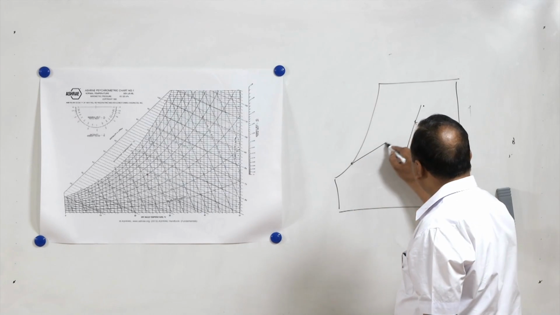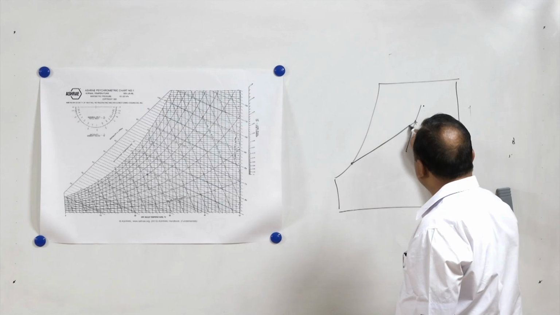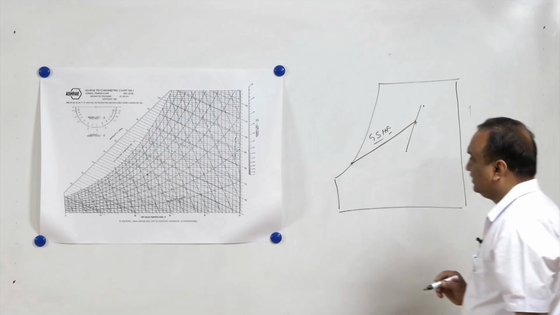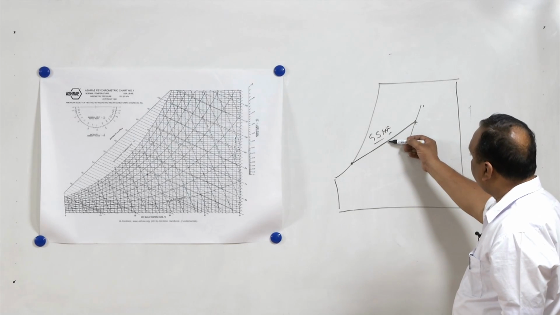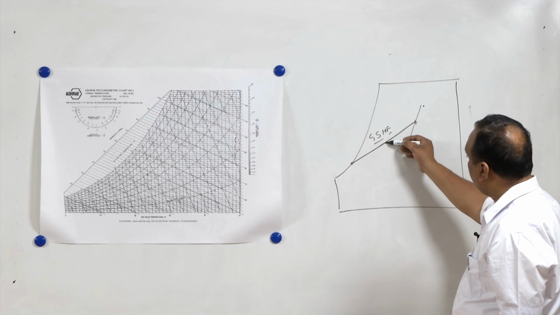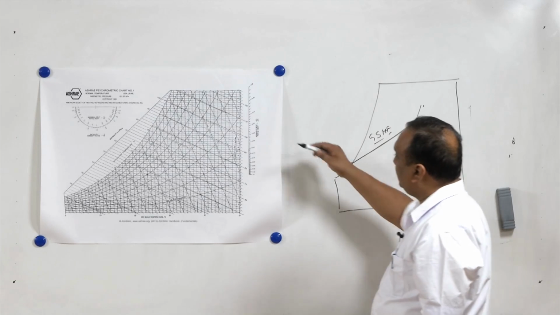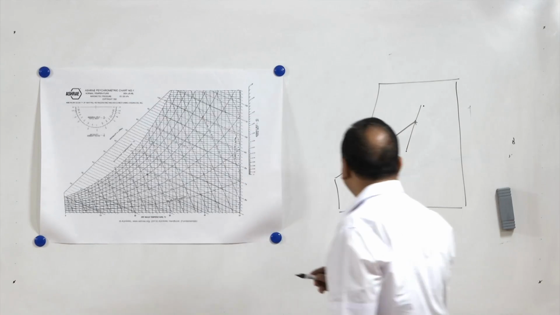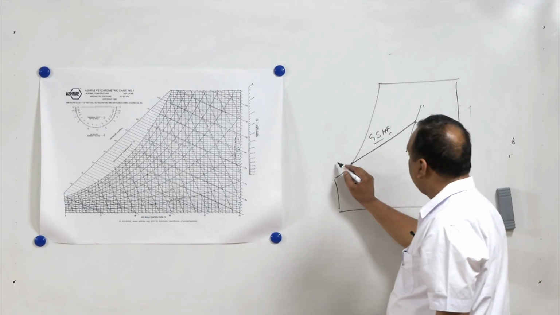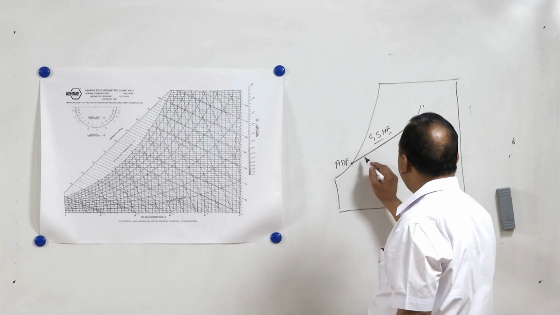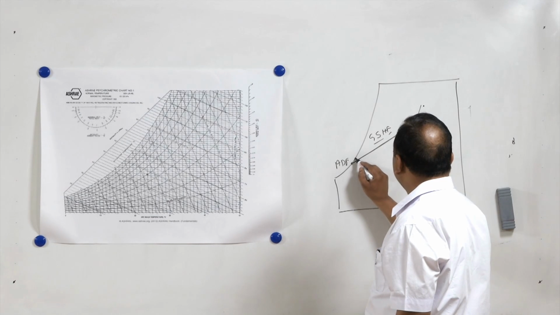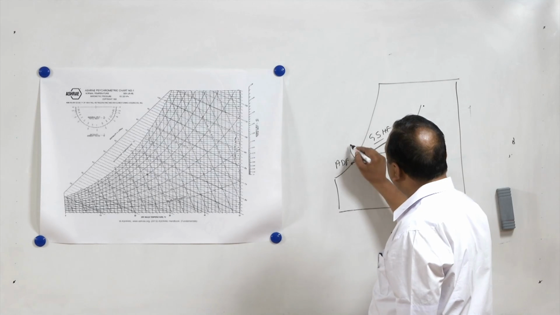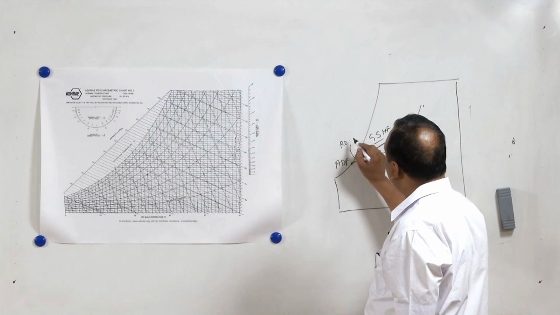This is the gross sensible heat factor line. The gross sensible heat factor line has a higher slope than this one, so the gross sensible heat factor will be less than the sensible heat factor of the room. This is the apparatus dew point temperature, and if we join this, suppose air is supplied at this temperature, then this temperature becomes the room dew point temperature.